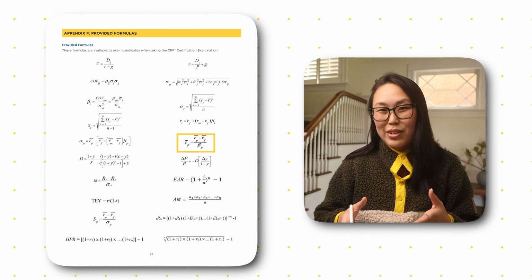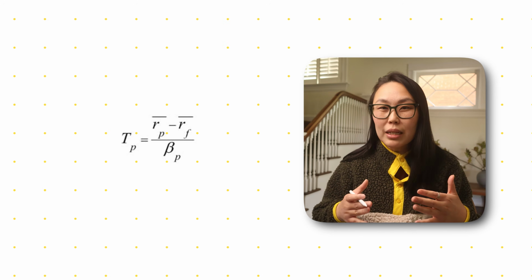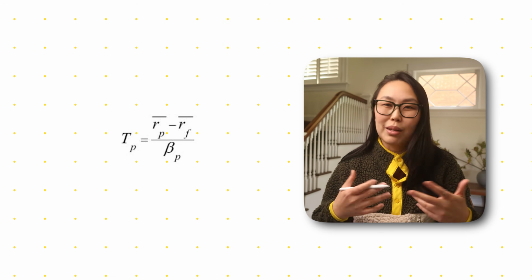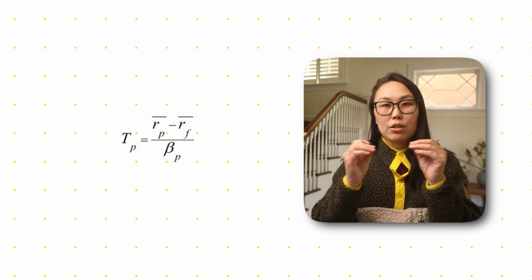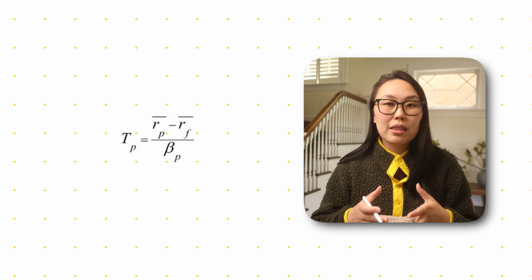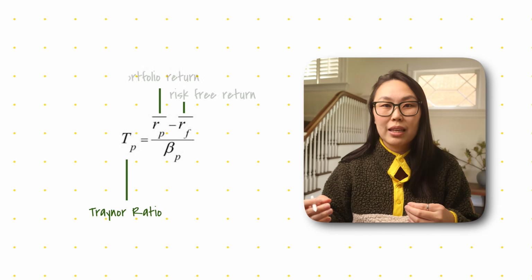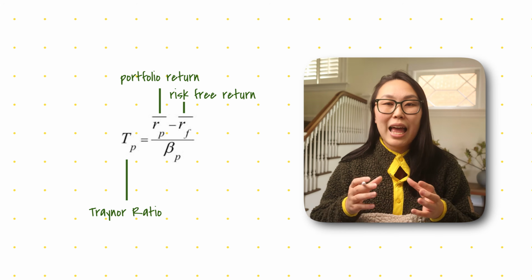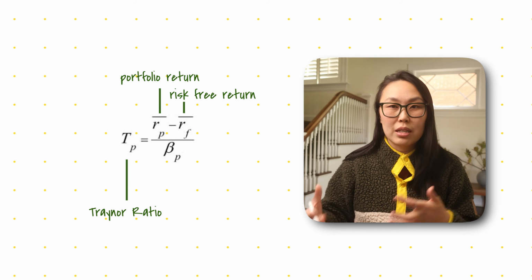Moving on to our next equation, this is the Treynor ratio. It is a relative index, meaning that the exact number really doesn't mean much in the real world, but it's important because you can use it to compare two investments. Now, looking at the equation, in the numerator, we have the portfolio's return minus the risk-free rate. So we've seen this before. This is the excess or extra reward you get for investing in something riskier than a T-bill.